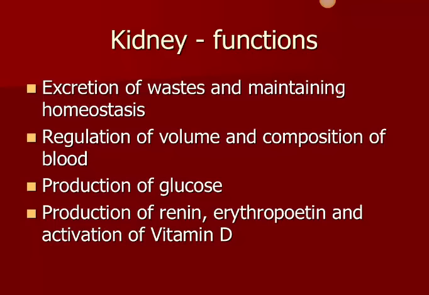Or if the pH is very high, then the kidneys will retain hydrogen ions and pass out bicarbonate. So it helps to maintain pH. It also regulates the volume and composition of blood, because by making sure that all the electrolytes and everything that is needed is reabsorbed back into the kidney, it retains that. It regulates volume: suppose somebody's had a hemorrhage or dehydration, then their blood volume will come down.